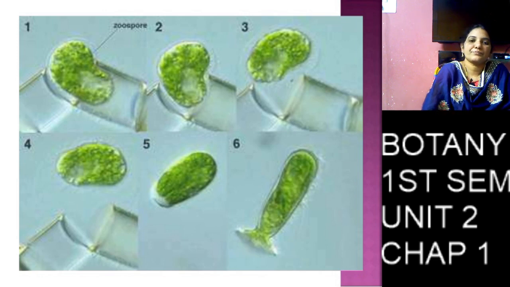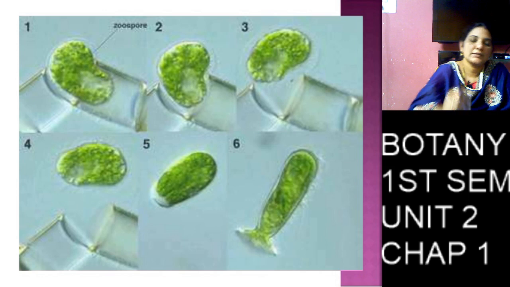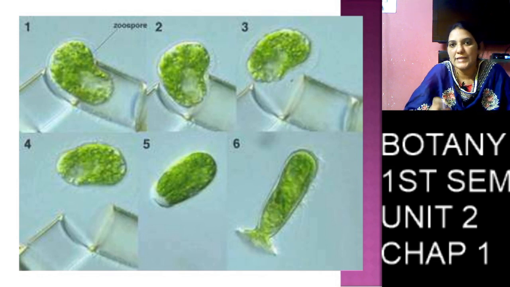And on the upper side they produce basal granules. The basal granules produce blepharoblasts, and each blepharoblast produces one flagellum.